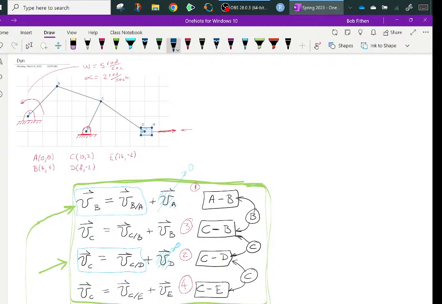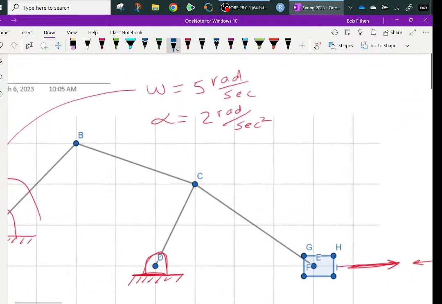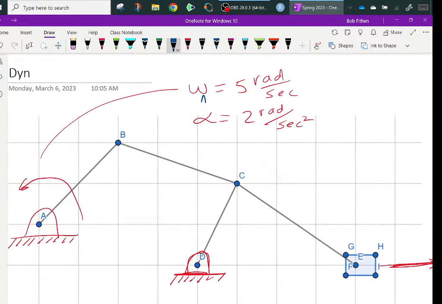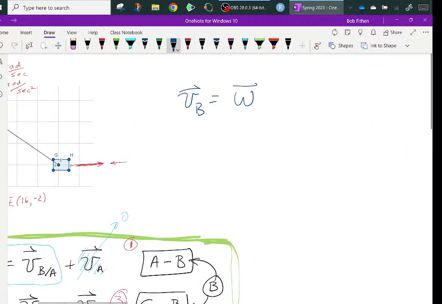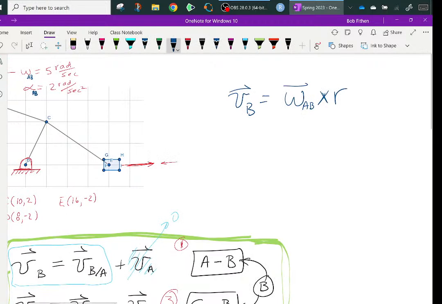Okay, so the velocity of B is equal to omega AB, which is this. Okay, hang on. This should be omega AB represented as a vector R, and the same subscripts occur here.